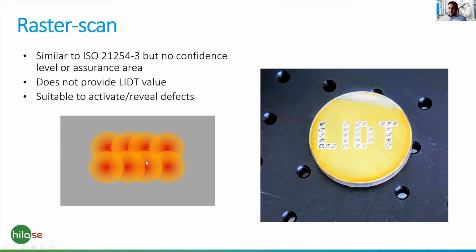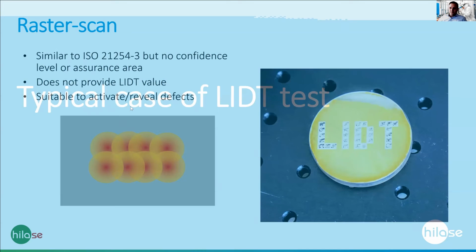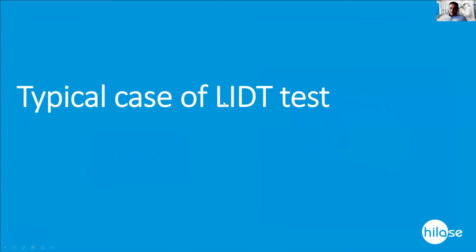So you can use a fluence which is essentially lower than the damage threshold of the coating, for example, but high enough to activate the defect, and then you can see whether the defects are present or not. So that's about the methods.